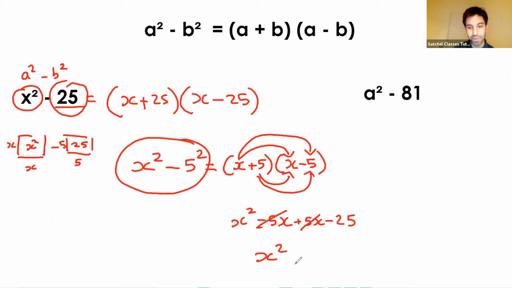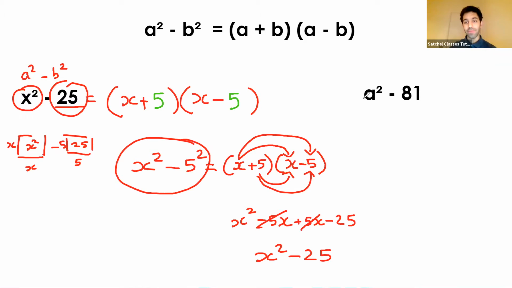So what I'm left with is x squared minus 25, and that's the expression I started with. So x squared minus 25 is actually equal to, and if I just rub these out and use a different color pen, what I'll have is x plus 5, x minus 5.